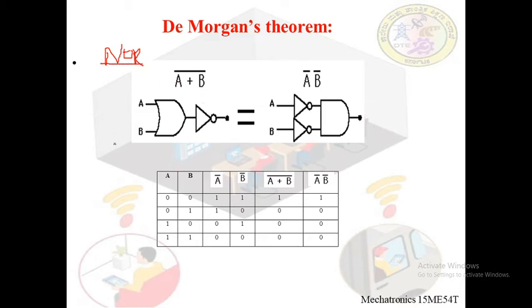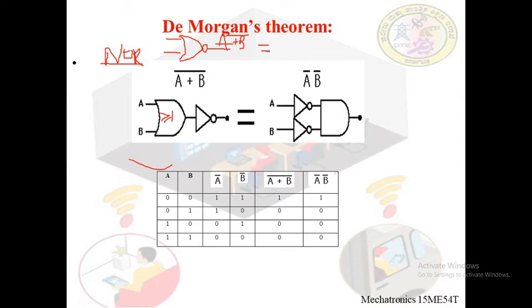Here it has been shown separately: this is the OR gate, and this is the NOT gate. They combine to form the NOR gate. Simply we can represent it like this: A and B, two inputs, OR gate, bubble at the end will give us A plus B whole bar.